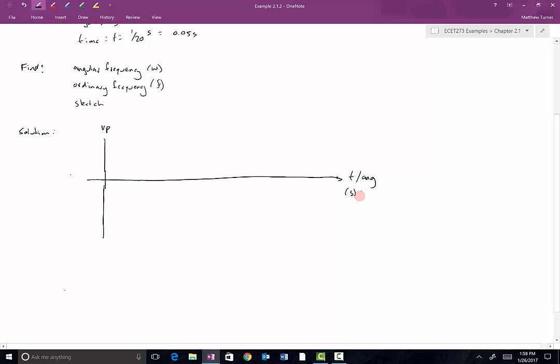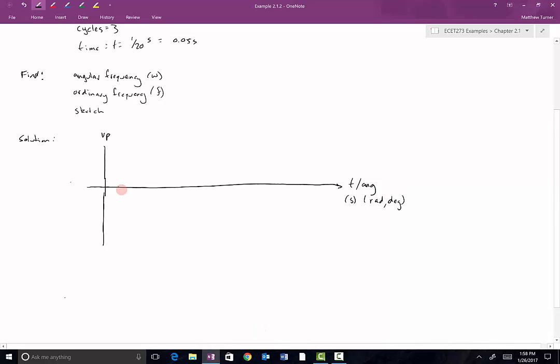That can be in units of seconds, or it can be in units of radians or units of degrees. So seconds is related to time, and then radians and degrees are just 2 different ways to measure that angle. So I'm going to get some units here, about 13 different equally spaced units.